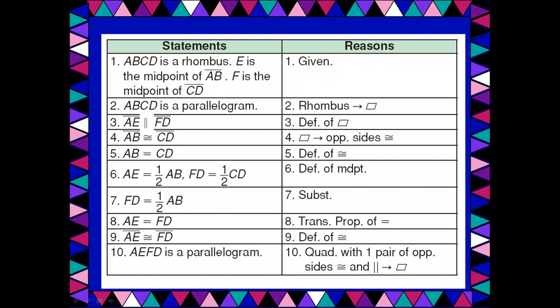AE equals FD by the transitive property of equality. And segment AE is congruent to segment FD, definition of congruence. So AEFD is a parallelogram because a quadrilateral with one pair of opposite sides congruent and parallel is a parallelogram.